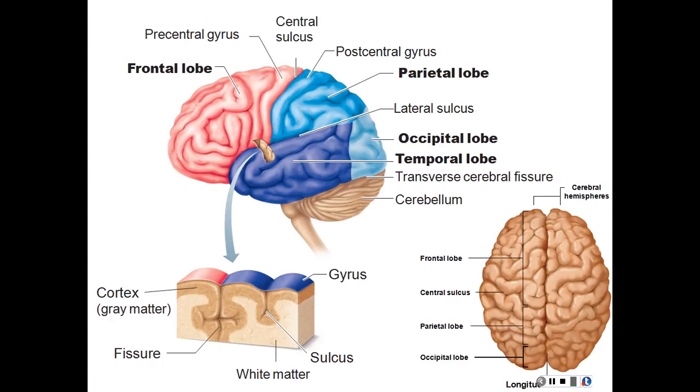Cortex. So you can see the cerebral cortex is gray. Okay? So what do we mostly find in gray matter? Neuron cell bodies, right. So remember, the cell bodies are primarily what makes up gray matter, whereas white matter is made up of myelinated axons. Good.